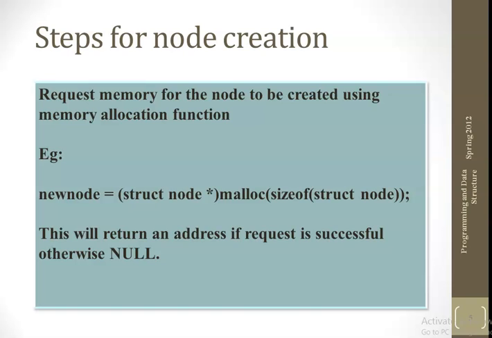Then that node can be linked to a list for extending the size of the list. Similarly, we can release the memory which is already being used by a node in a linked list by removing that node. So this is called as the dynamic nature of the linked list.